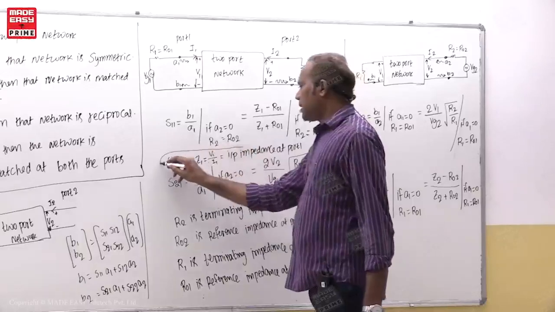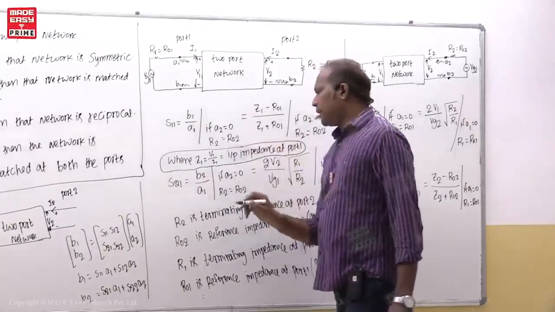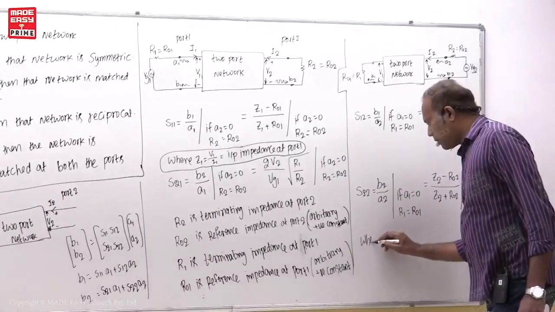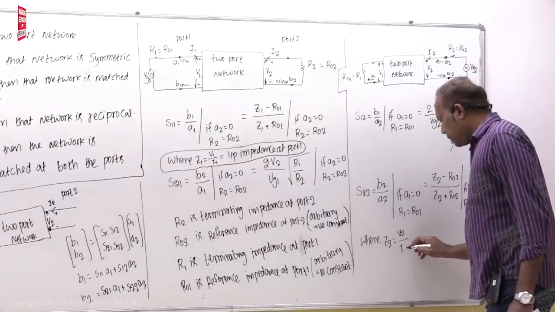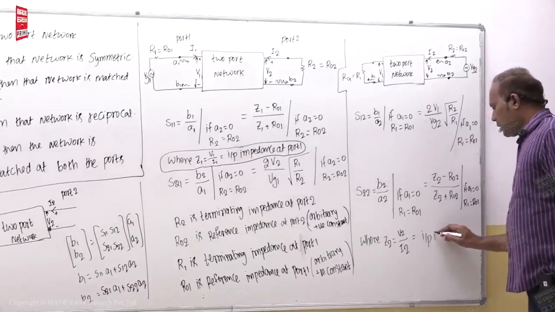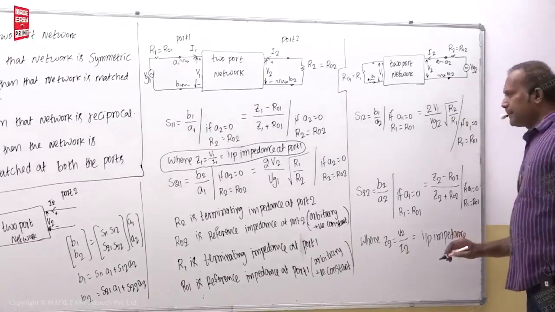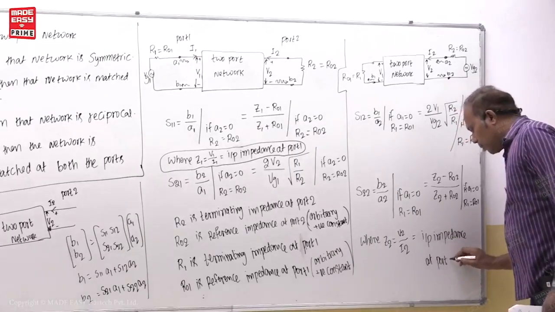Similarly, where Z2 is equal to V2 by I2, that is nothing but the input impedance at port 2.